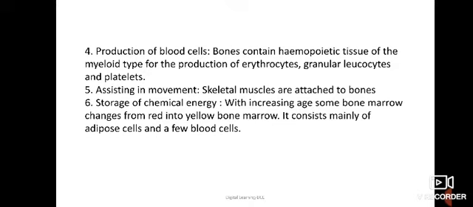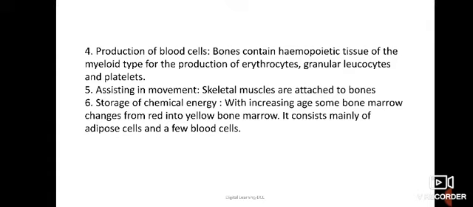And bones contain a tissue called hemopoietic tissue of the myeloid type. They are responsible for the production of erythrocytes and granular leukocytes. They are the blood cells and platelets.